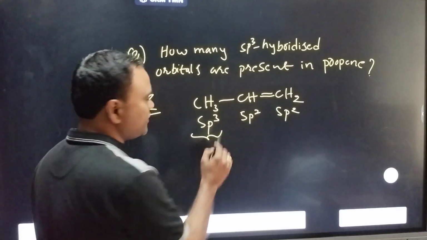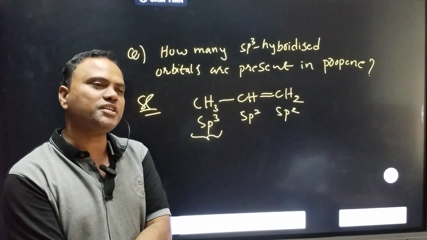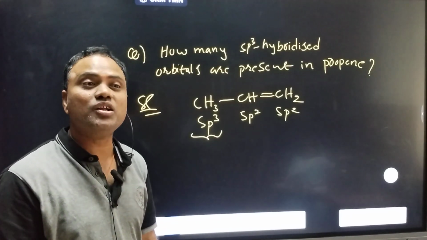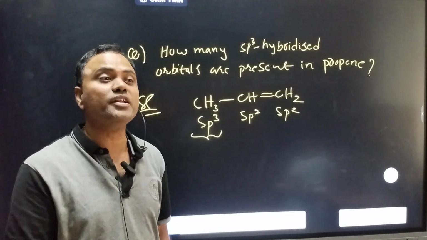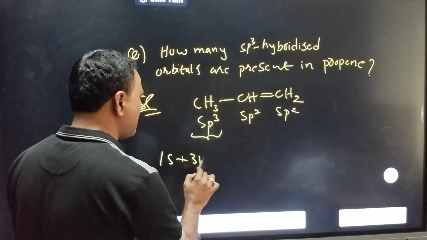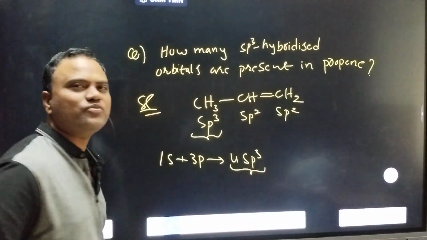If I ask how many sp3 hybridized carbons, your answer will be 1. But the question is sp3 hybridized orbitals. Now let us go to the definition of sp3 hybridization. One s orbital plus 3 p orbitals undergo hybridization to produce how many hybridized orbitals? 4 sp3. So the answer is 4.